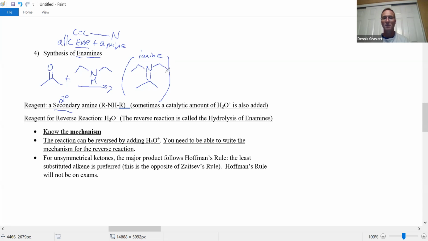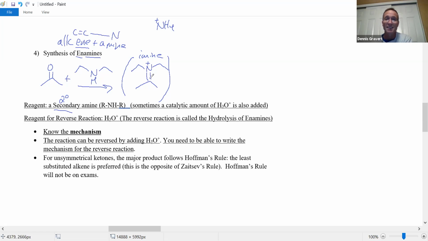So this would be the imine. And that actually forms during the mechanism. But wait, someone would say nitrogen should only have 3 bonds. It's making 4, which is allowed, right? We've seen the ammonium ion with 4 bonds, positive charge on nitrogen. So they exist, but it's not the most stable structure.